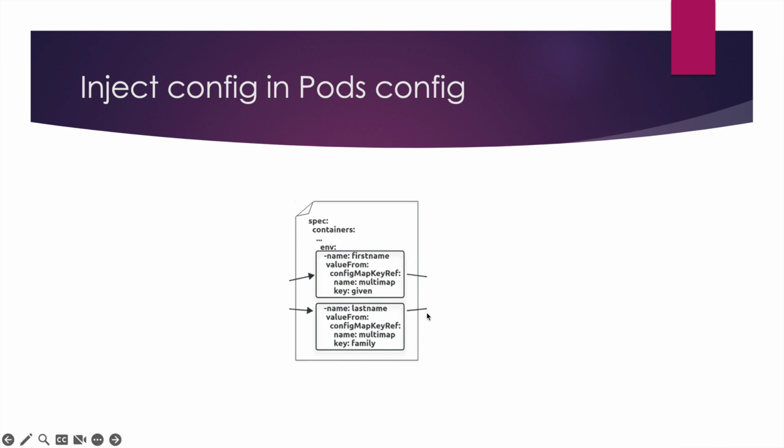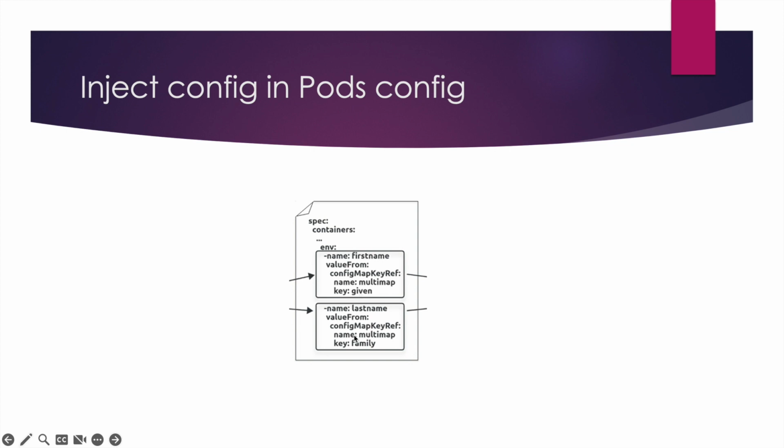And this is how you inject the values from the config maps into the pod definition. So we can see in the container spec, we have an env section in which we say that we want to create an environment variable of name first name, and the value from mentions where the value will come from, and then we mention the name of the config map and the key inside that config map.